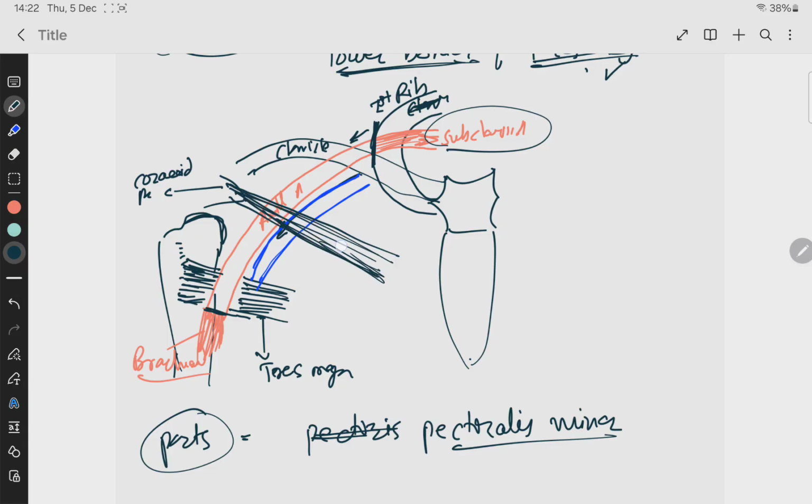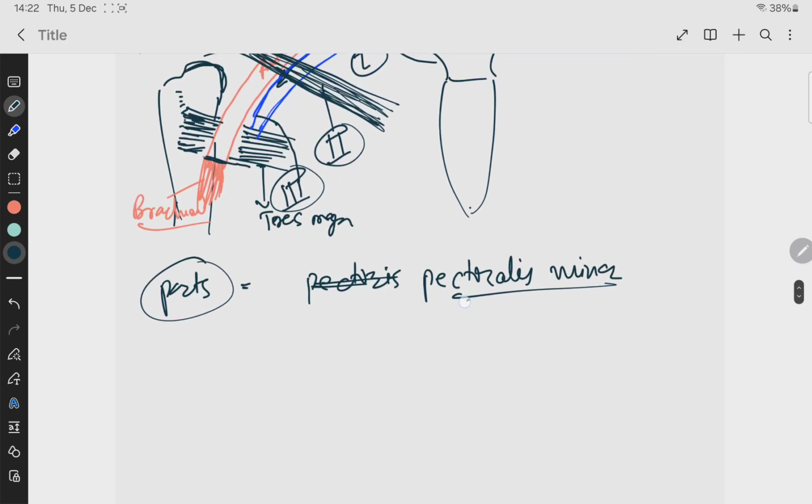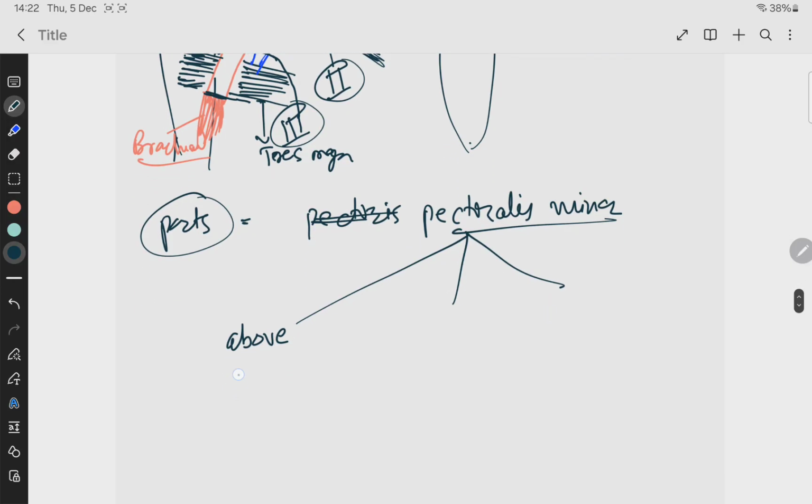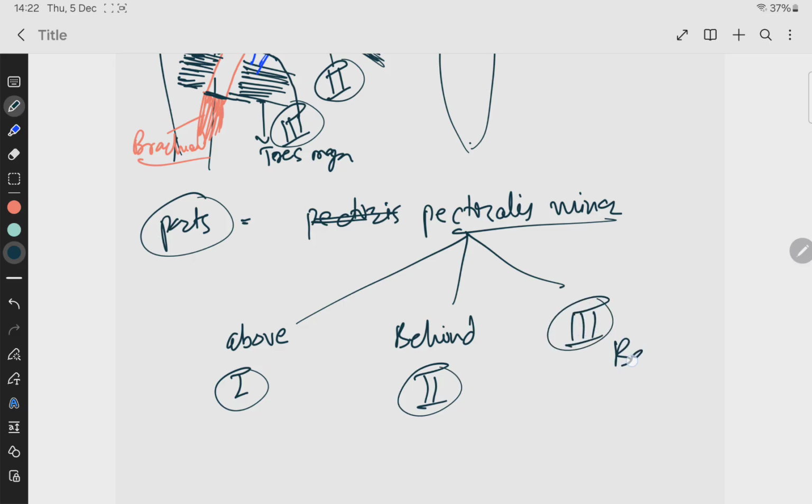Above it is the first part, behind the muscle is the second part, and below the muscle is the third part of the axillary artery. So pectoralis minor divides the axillary artery into three parts.